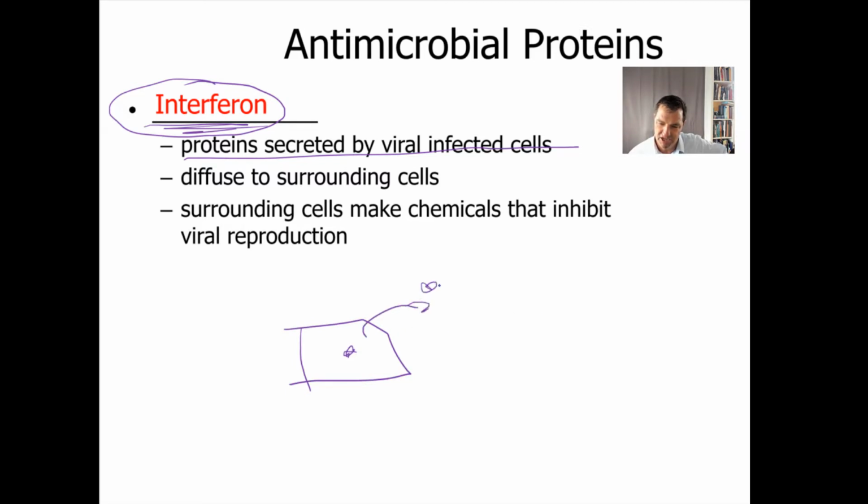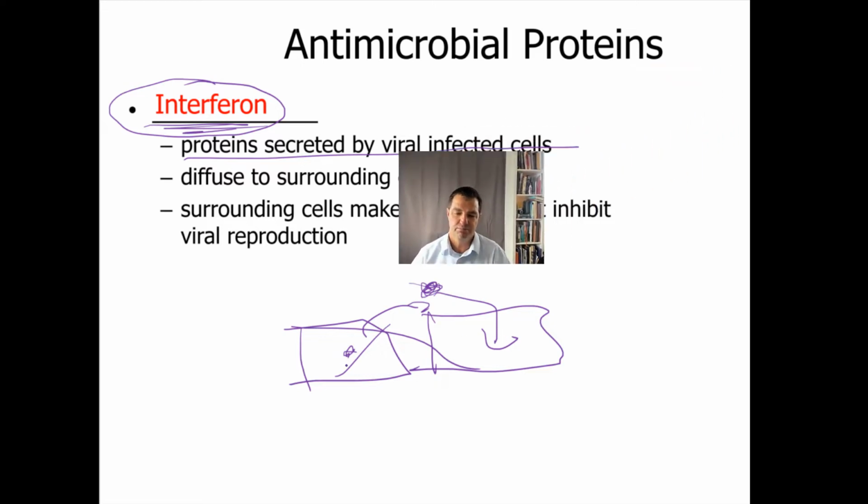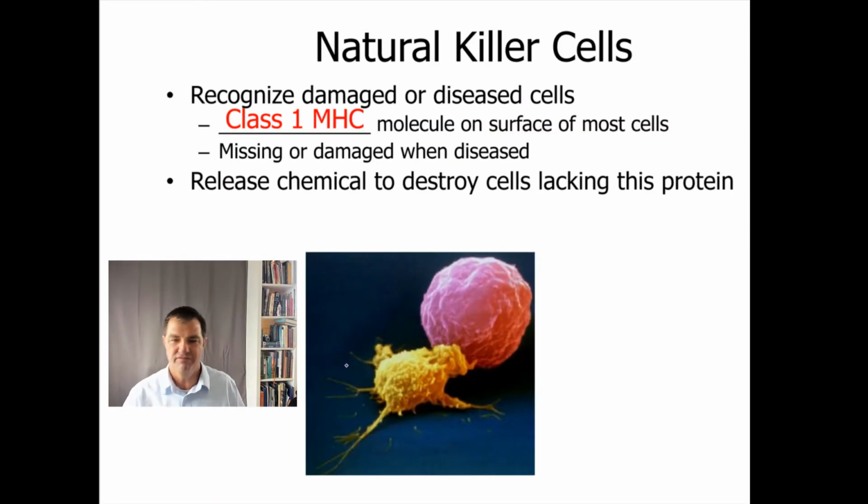It releases the interferon, and that signal protects the other cells. This cell is damaged, so this one's not going to make it. The cells next to it, when they get the interferon message, are allowed to make antiviral proteins to prevent the spread of the infection.